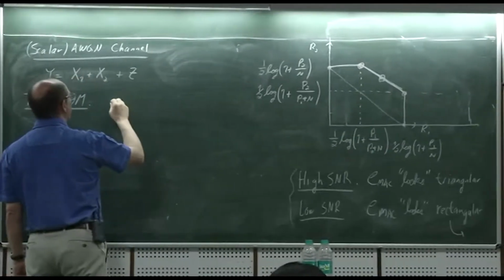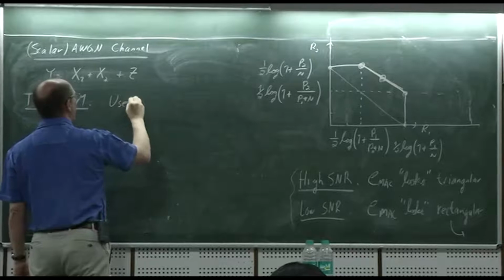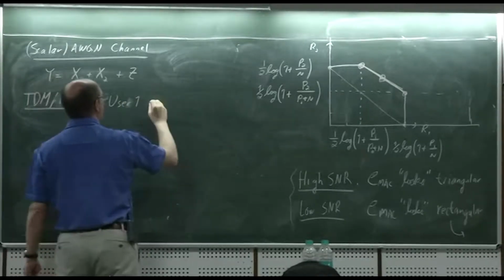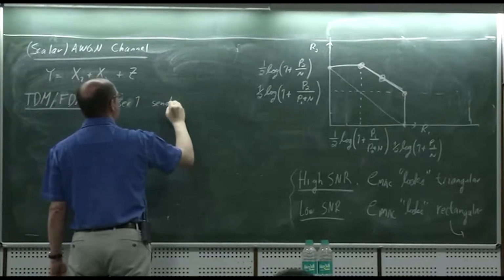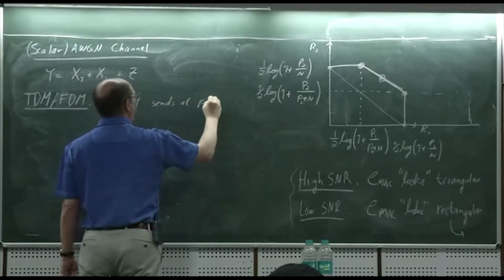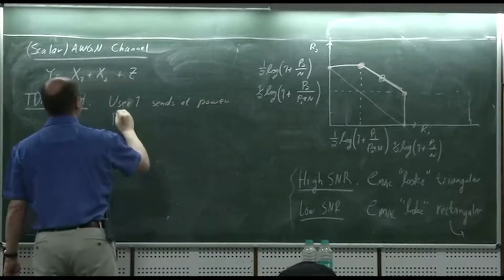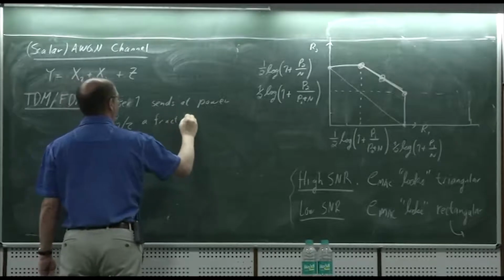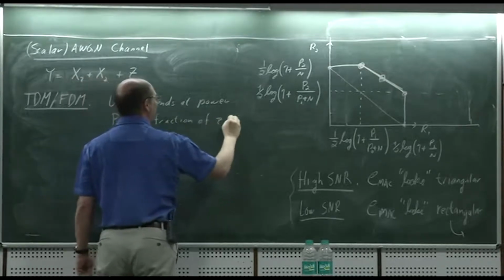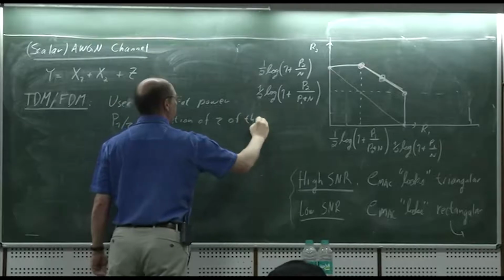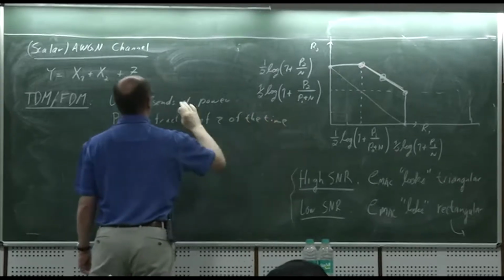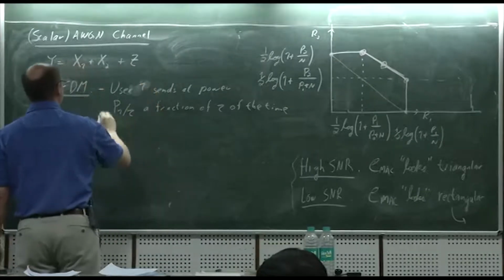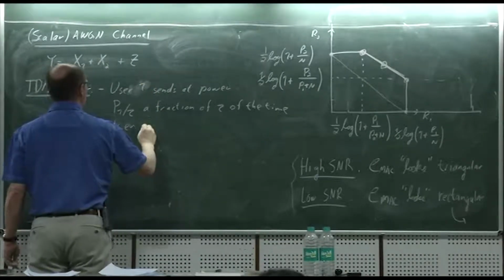The strategy is: user 1, so often the encoders are called users, user 1 sends at power P1 over tau, a fraction tau of the time. If we had more users, we could just have a more general notation, user k.